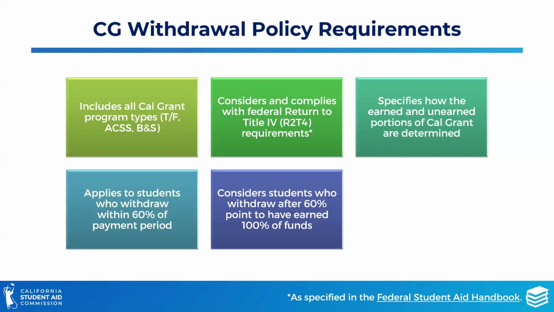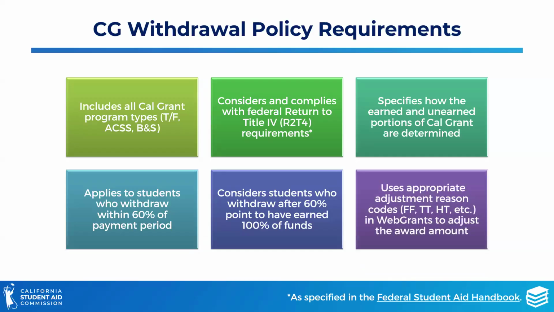You may know if you work R2T4s at your school that once a student withdraws after the 60% mark, they're good to go. They can keep that aid that they were paid because they are considered to have earned 100%. So to give you an easy example, if you have a 100-day term, if the student withdraws after the 61st day, then they could keep all of the funds, unless your school's policy defines otherwise.